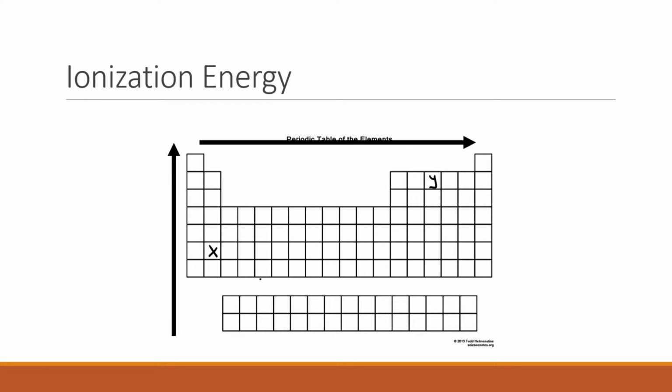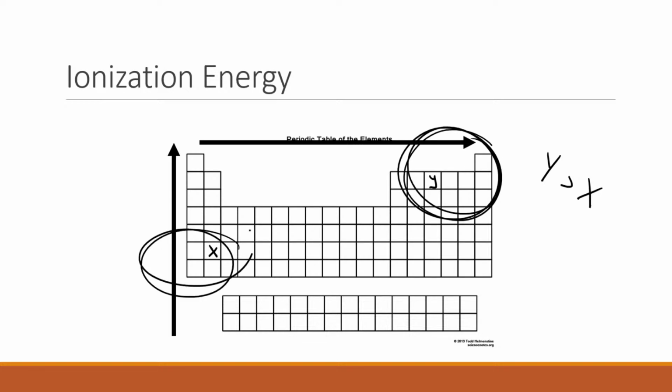Looking at these two elements, not even needing to know what these two elements are, I should be able to say that Y has a greater ionization energy than X, because it is both higher up and further to the right. These are going to have the highest ionization energies, and these are going to have the lowest ionization energies.